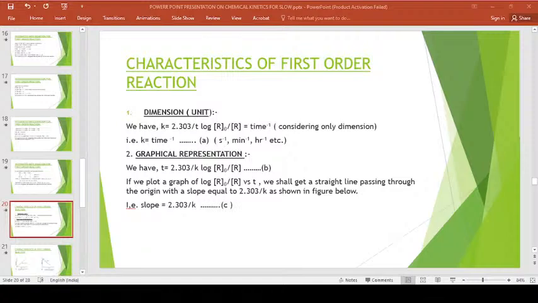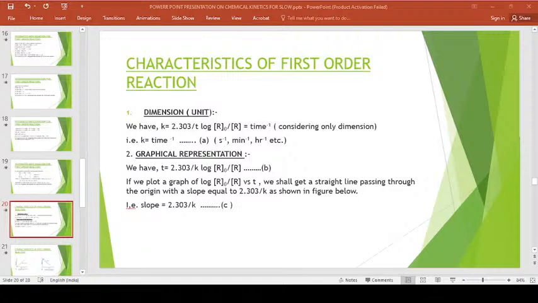Here your slope is minus Ea by R, because Ea is activation energy, a constant quantity, and R is also a constant quantity. So Ea by R together is a constant quantity, and this will be your slope. So your slope will be minus Ea by R, and the intercept will be ln A, ln of your pre-exponential factor.